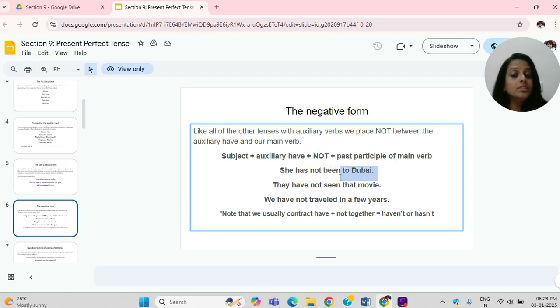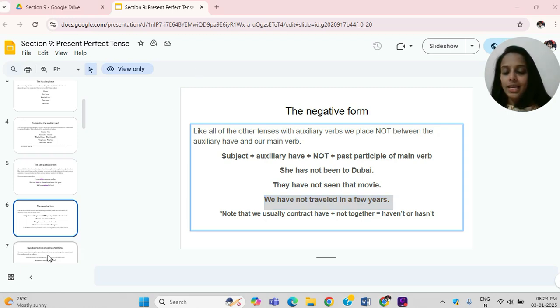The next sentence is they have not seen that movie. So not is placed between have and seen. We have not traveled in a few years. And not is placed between have and traveled. Note that we usually contract have plus not together, like have plus not, haven't, has plus not, hasn't.